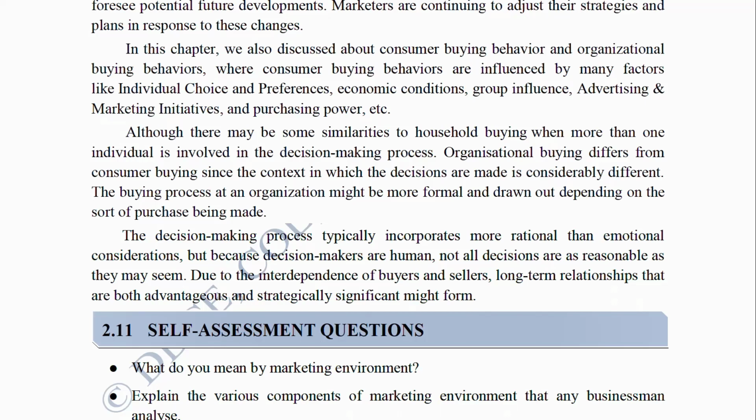The buying process at an organization might be more formal or more drawn out, depending on the sort of purchase being made. The decision-making process typically incorporates more rational than emotional considerations, but because decision makers are human, not all decisions are as reasonable as they may seem. Due to the interdependence of buyers and sellers, long-term relationships that are both advantageous and strategically significant might form.